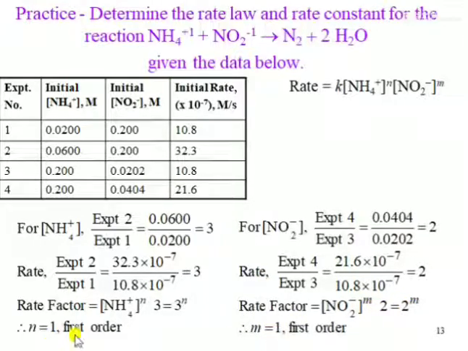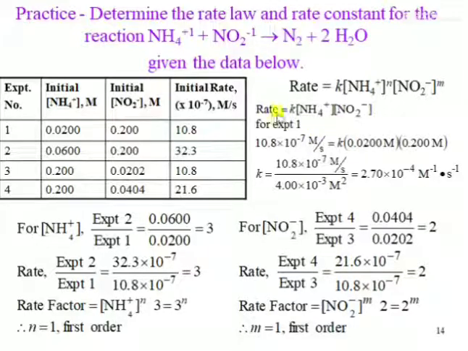So in both cases, the order of the reaction is 1. Now we can write the rate expression, which you can see in front of you, with orders 1 and 1.